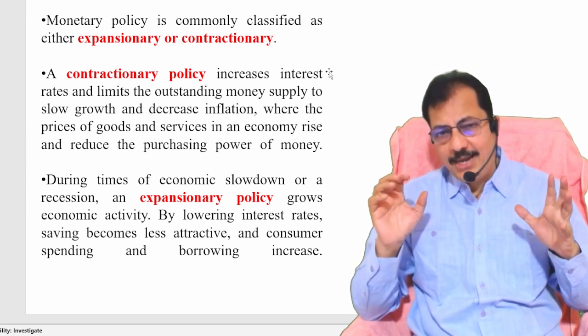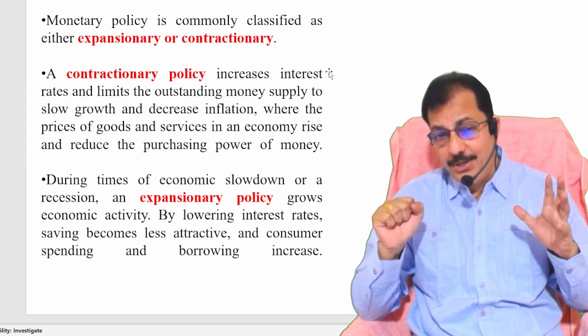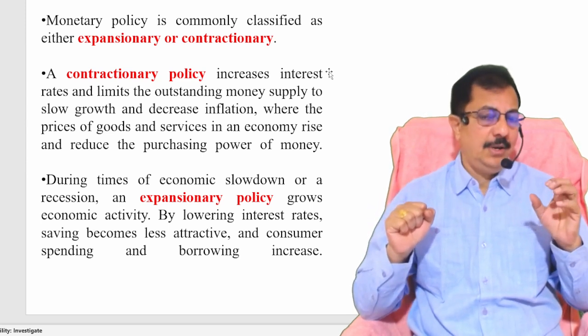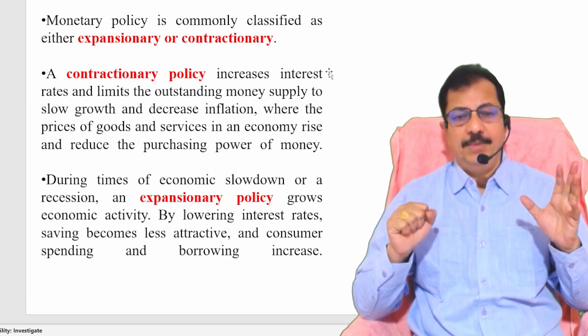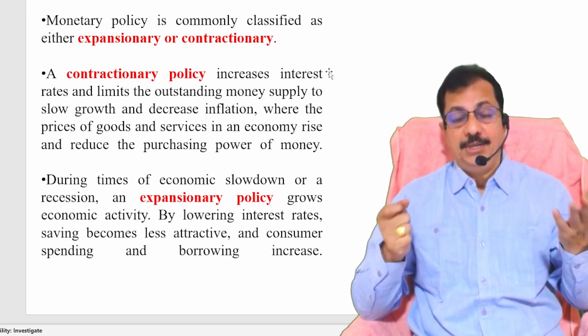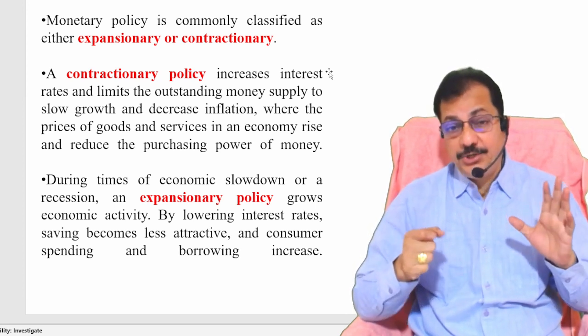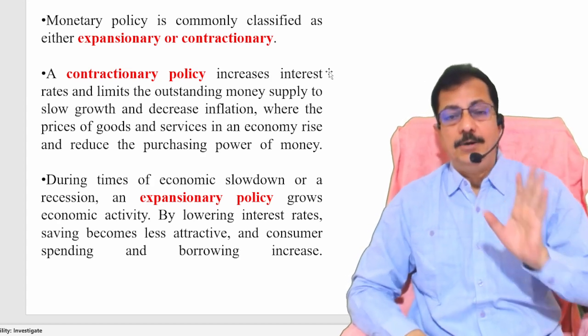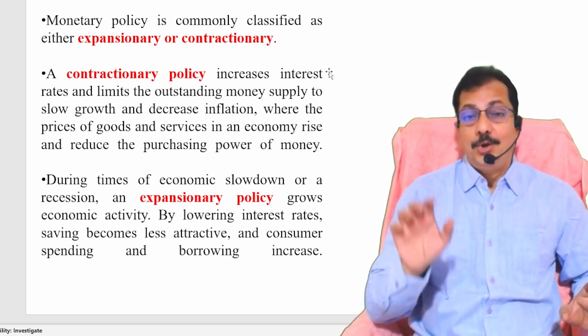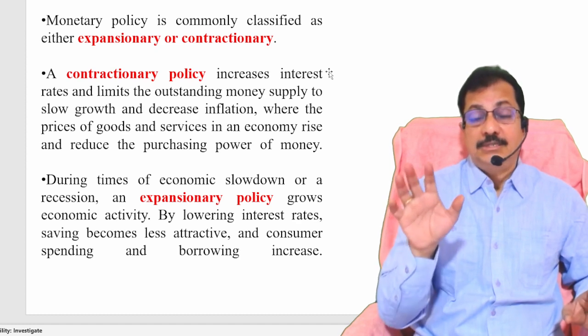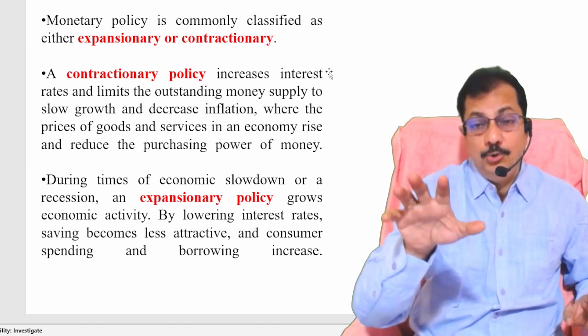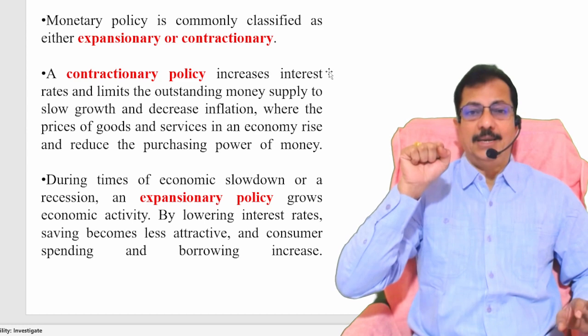One side you are tightening the supply, contractionary. On the other side you are loosening the supply of the money, that is expansionary. In expansionary, more money will be supplied into the market. In contractionary, you are supplying less, rather you are sucking more money from the market.